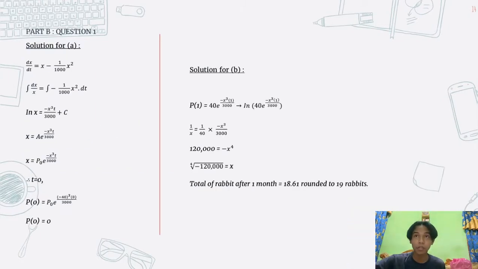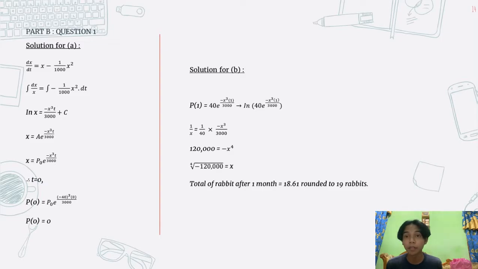So for part B, question 1, there are two questions, question A and B. First, we solve question A. We should use the given equation, which is dx over dt equals x minus 1 over 1000 x squared.